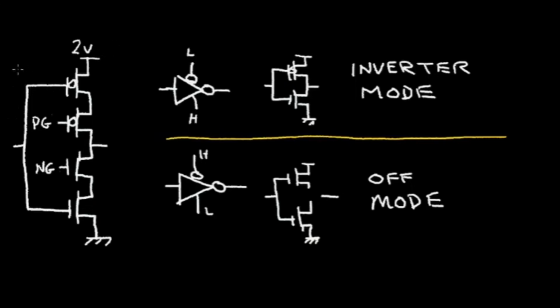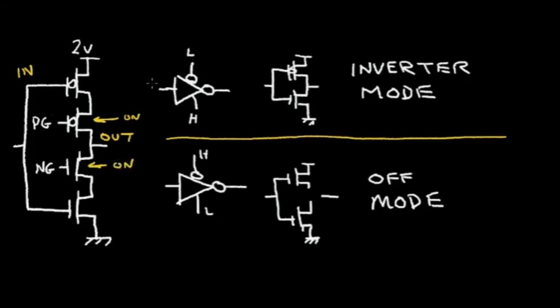So this is the input to the tri-state driver, and this is the output. And I want to explain two different modes of operation for this tri-state driver. The first mode is when this PMOS transistor is on and the NMOS transistor here is also on.